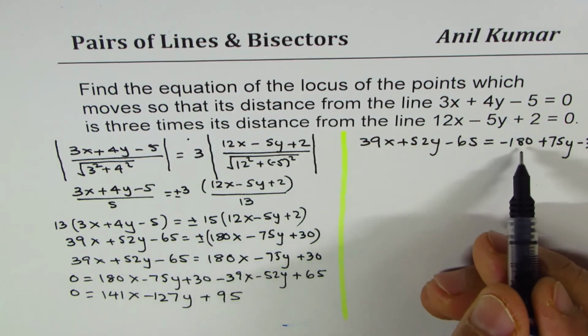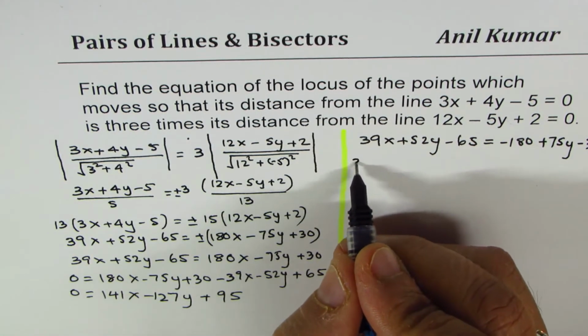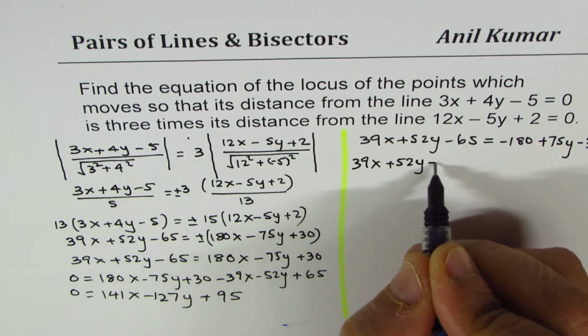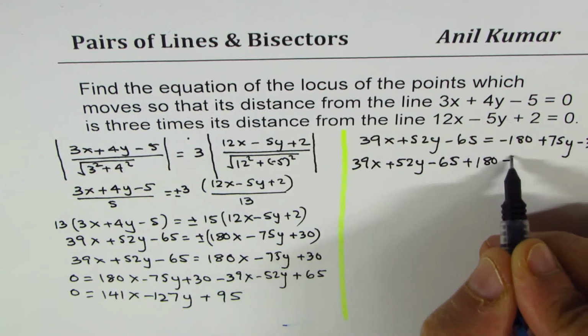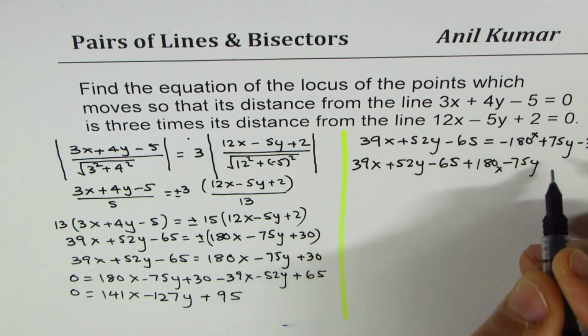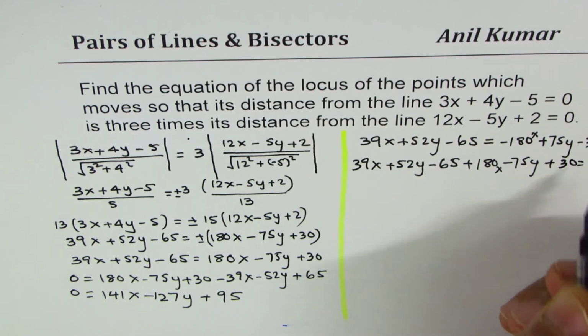The other one is, we can bring these terms to the left side, and we can write this as 39x plus 52y minus 65 plus 180x minus 75y, and then plus 30 equals 0.